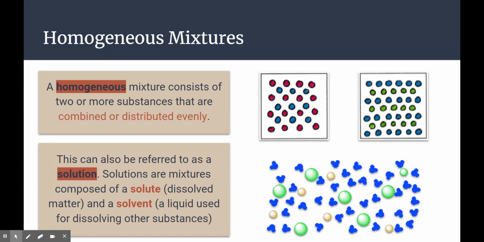The green and orange atoms are the sodium and the chlorine that bond together to create sodium chloride. And the blue molecules are water molecules. You can see that the green and orange are spread out. Now, this image is a little bit inaccurate because the orange and green should be stuck together. But in general, you can see how it's pretty evenly distributed throughout.